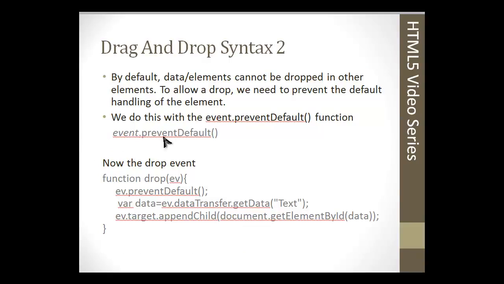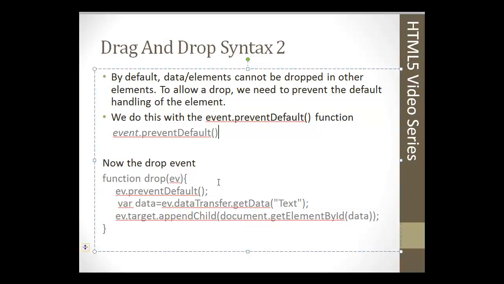Alright, so that brings us to the next part of the code, which is event.preventDefault. What this does is, by default, data cannot be dropped into other elements. To allow it to drop, we need to prevent the default handling of the element. So that's all we're doing right here, just preventing the default action. And the last thing we have here for our simple drag and drop script is the drop function.